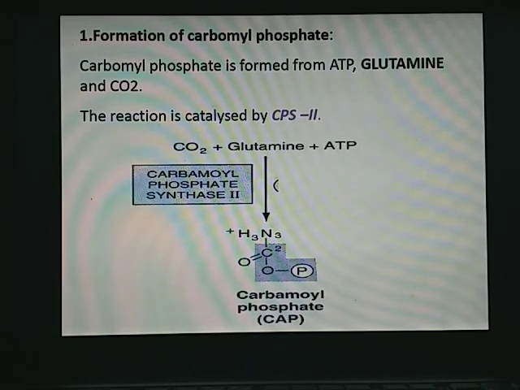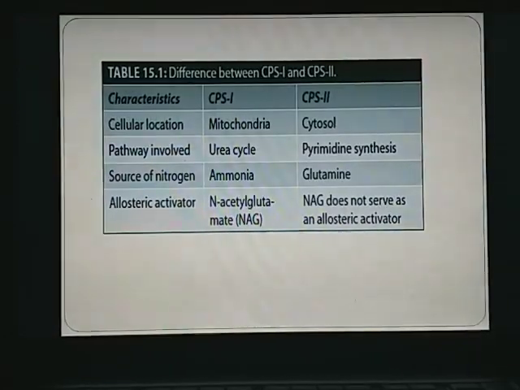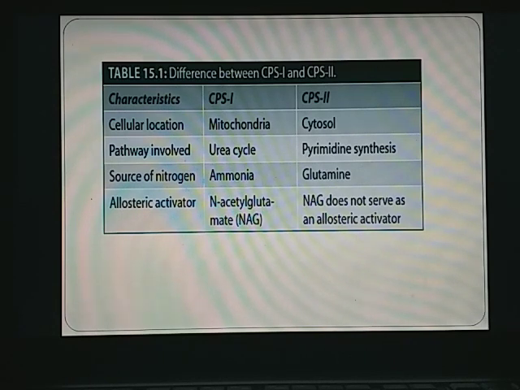Synthase 1 requires ammonia as a nitrogen source, but synthase 2 requires glutamine. These are the few important differences between the two enzymes. So here is the chart, in tabular form.